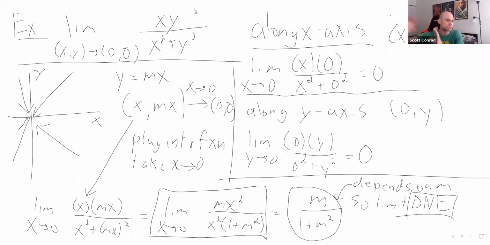It can be whatever we want. We're not taking m to 0 or anything. Does that make sense? So if I check along y equals 1 times x, then I would plug in m equals 1, and I would get the limit is 1/2. If I check along y equals 2x, then that would be m equals 2, and the limit would be 2 over 5.